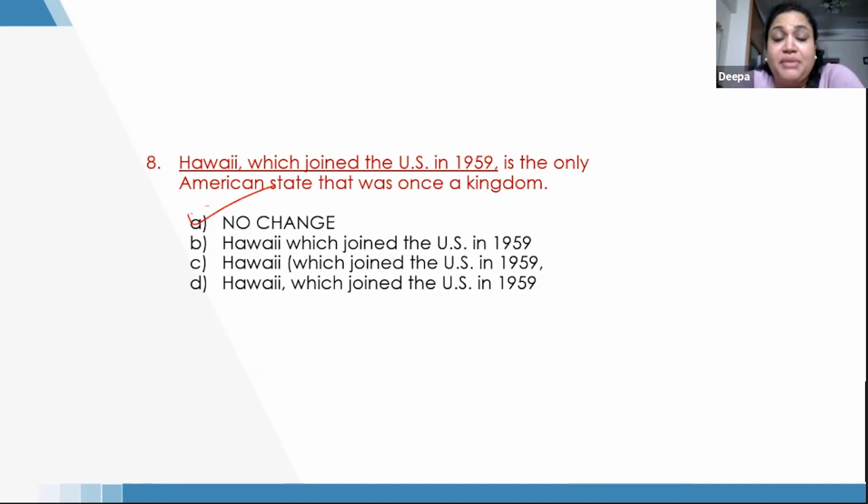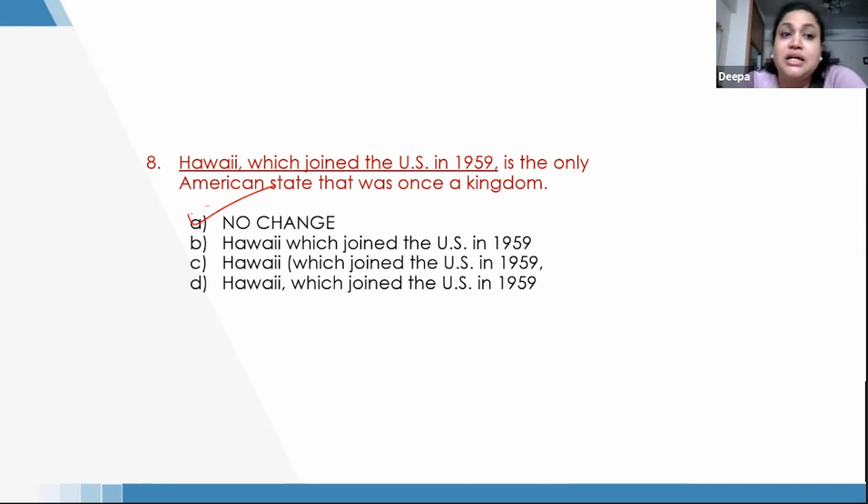Hawaii is the only American state that was once a kingdom, also makes sense, right? But Hawaii, which joined the US in 1959, is the only American state that was once a kingdom, also makes sense. So if "which joined the US in 1959" is a descriptive aside or a clarification or an explanation or additional information, then we have to set it off with 2 commas.